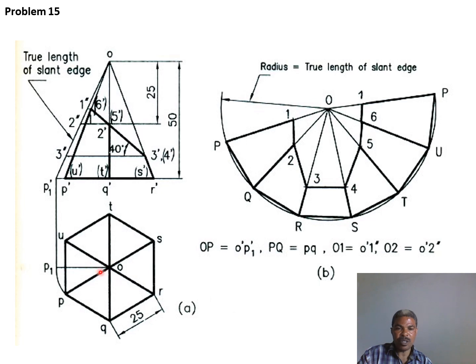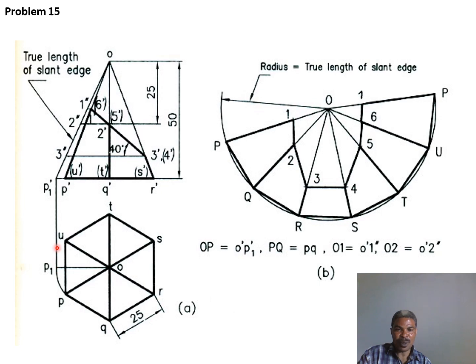So this one has been drawn to the left hand side. It's not a thing to worry about. Instead of always drawing them to the right side, it has been drawn to the left. Only that the radius is OP, drawn until it reaches P1.